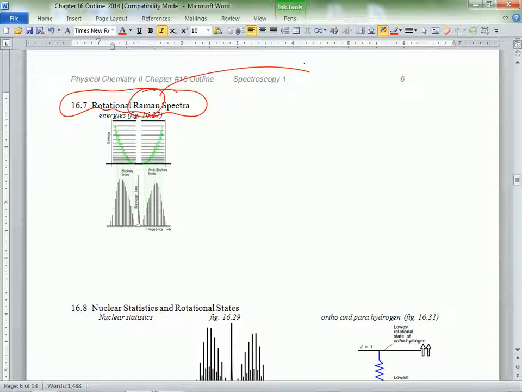It had to have a vibration with an oscillating dipole. Okay. What was the case for Raman? Well, with Raman you can gain energy or you can lose energy in the scattering process. But what had to happen for that light to interact with matter and call it Raman spectroscopy?